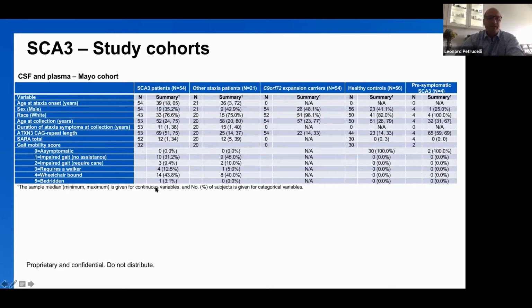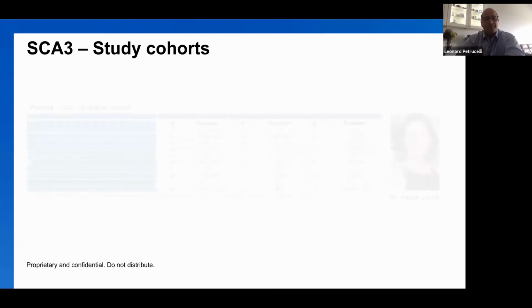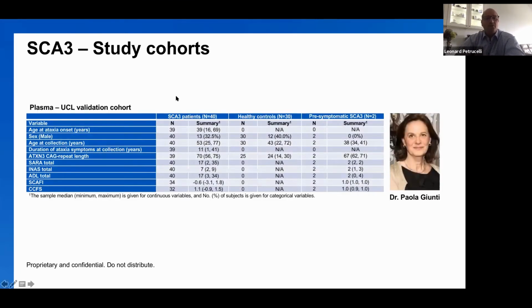This is a breakdown of the patient characteristics for the samples used in our study. We were also able to collaborate with Dr. Paolo Giunti. We felt it was absolutely necessary to validate and support our studies by having an independent cohort of samples. These are the patient characteristics associated with the samples provided to my lab.